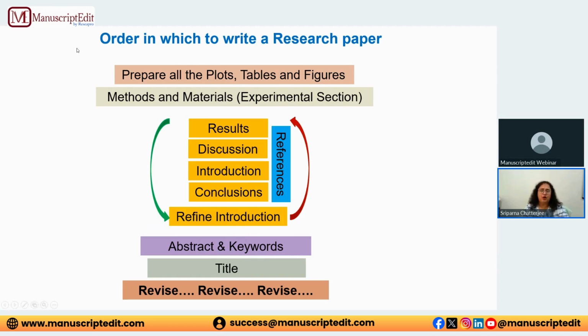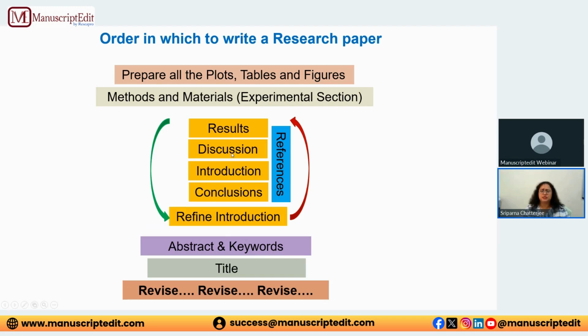And depending on the plots, tables, and figures, one by one, I write the experimental result, and then I try to discuss them. So the result and then discussion. And of course, when you are trying to discuss, you have to cite some references, so referencing is a simultaneous thing there.